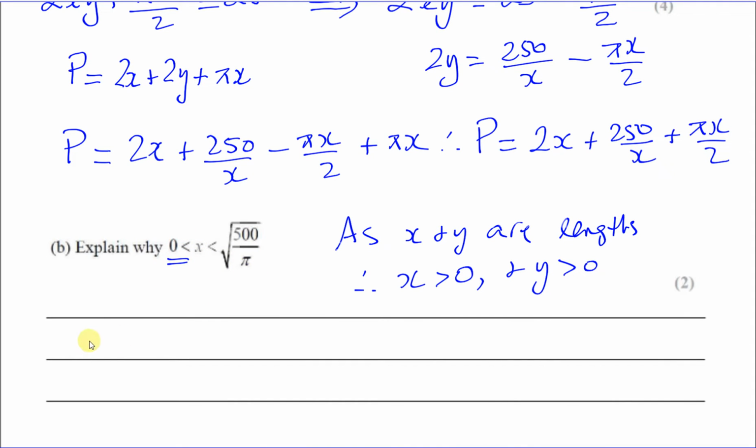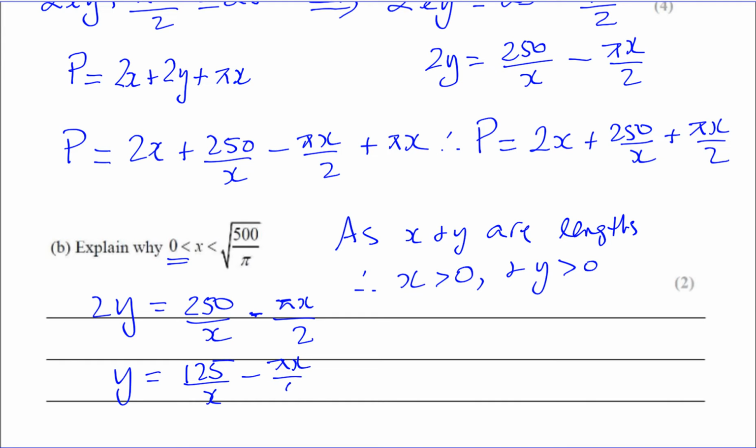So now let's find out what y is in terms of x. Now 2y is 250 over x minus pi x over 2. So we can say that y is going to be 125 over x minus pi x over 4.